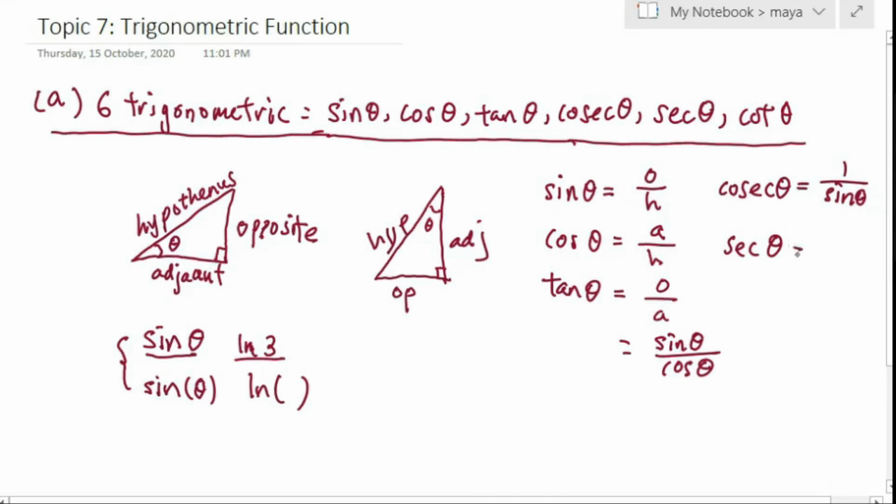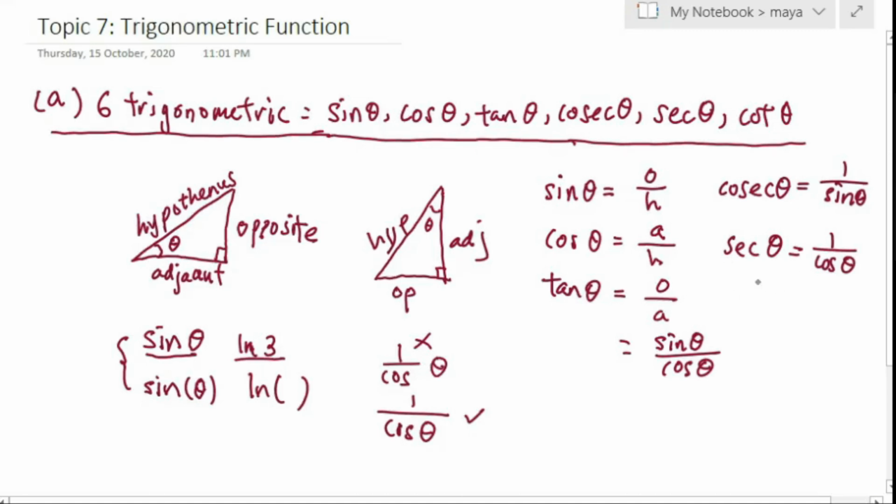Then 1 over cos theta will be referring to secant. So 1 over cos is not written like this. This is wrong. I said cos, trigo, but it must be followed by the angle. So 1 over cos theta, this is correct. This is wrong, 1 over cos with nothing beside it. This is wrong, a wrong concept.